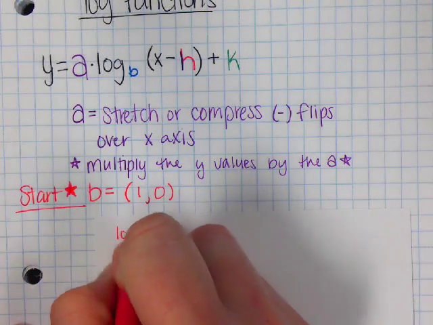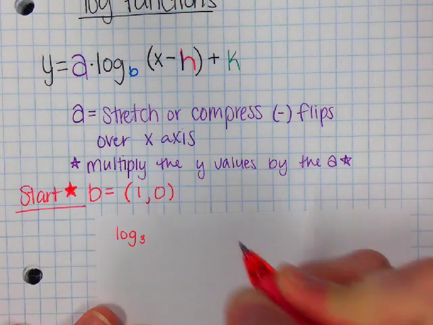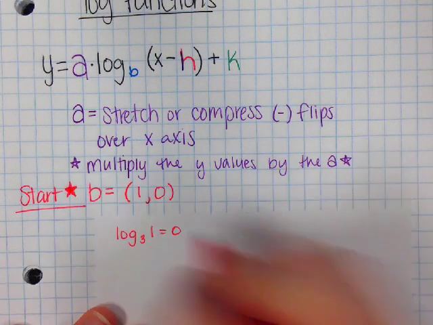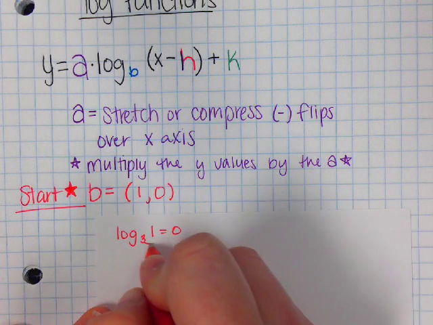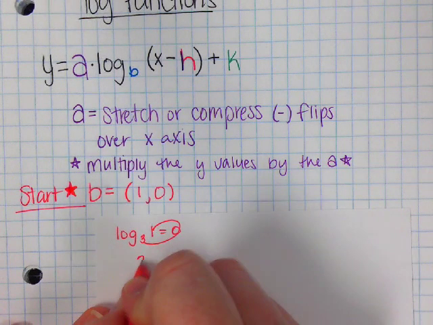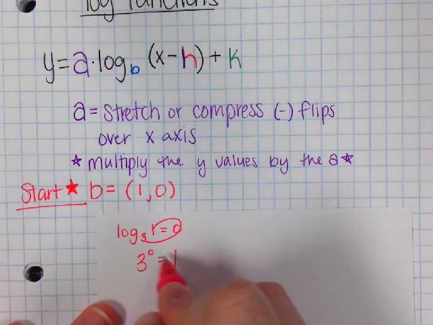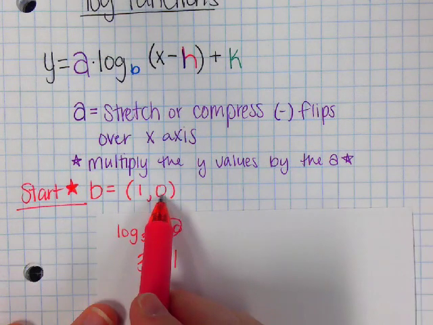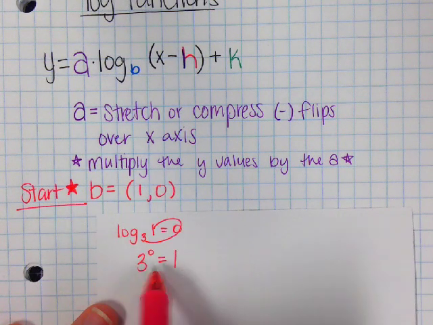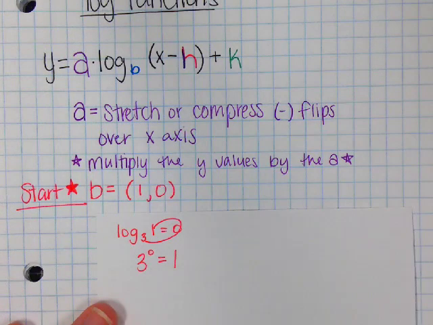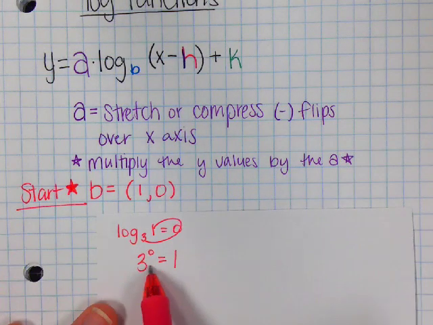The reason why: let's say we have log base 3 of 1 equals 0. Remember what we were doing yesterday where you rewrite 3 to the 0 power equals 1, or anything to the 0 power equals 1. So if 0 is your y value, then you know that your x value is 1, because anything raised to the 0 power is always 1.